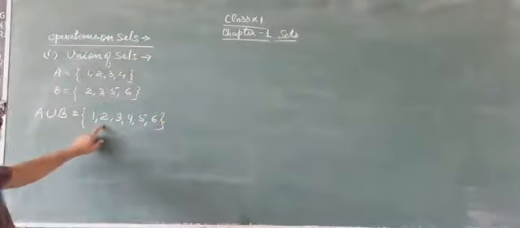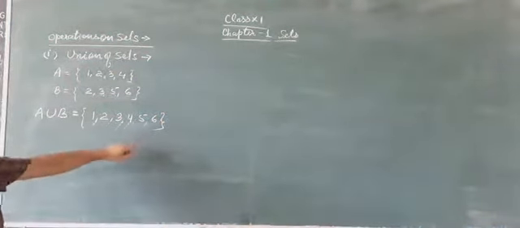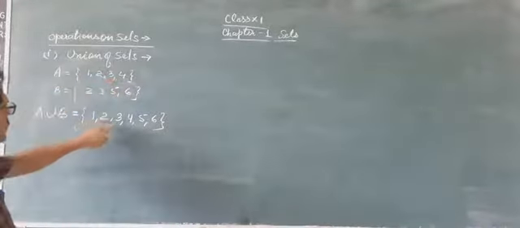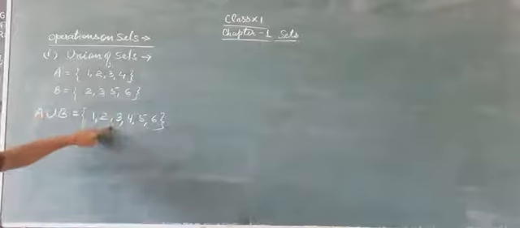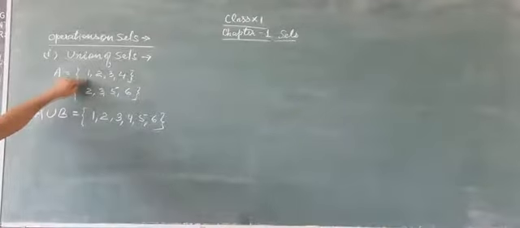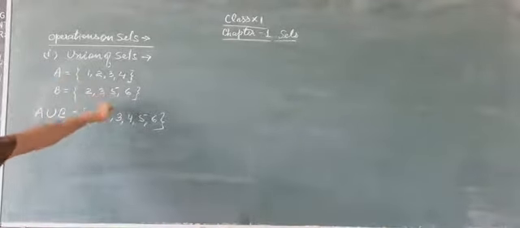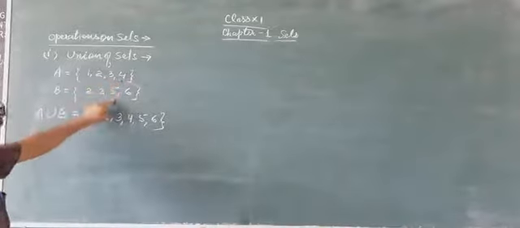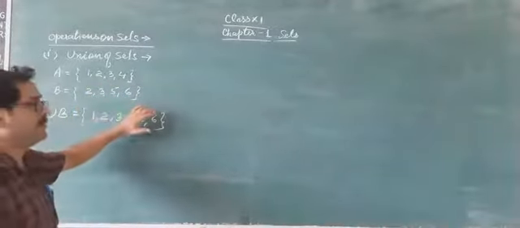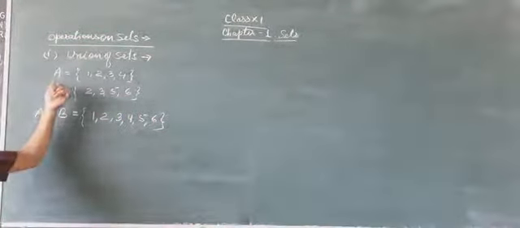So 1, 2, 3, 4, 5, 6. We see that 2 and 3 are the common elements which lie in A as well as in B, and 1, 4, 5 and 6 are the different elements which lie either in A or in B.